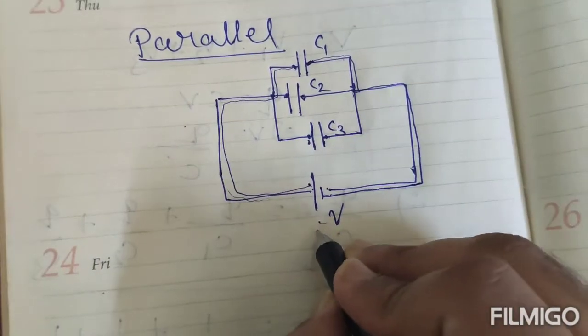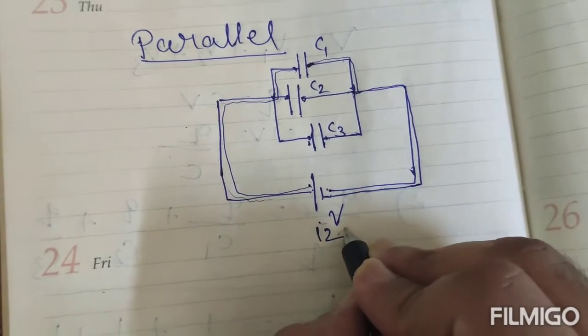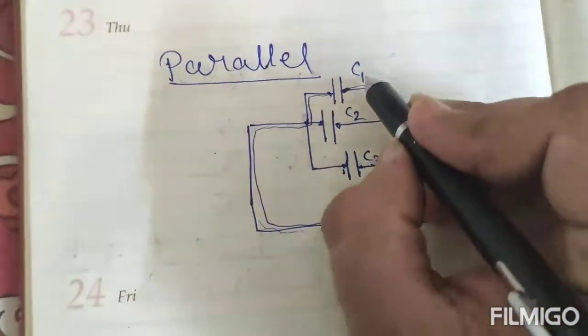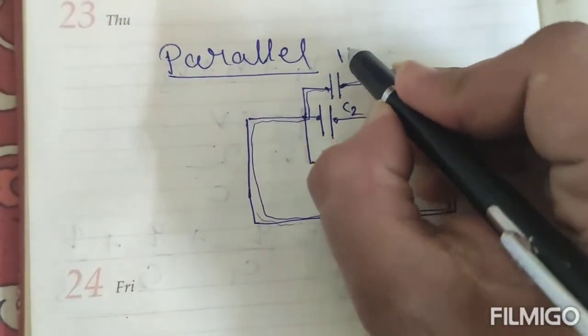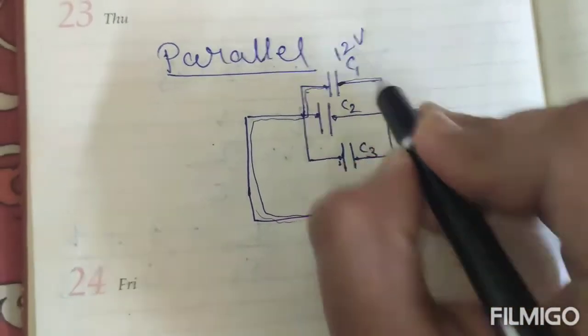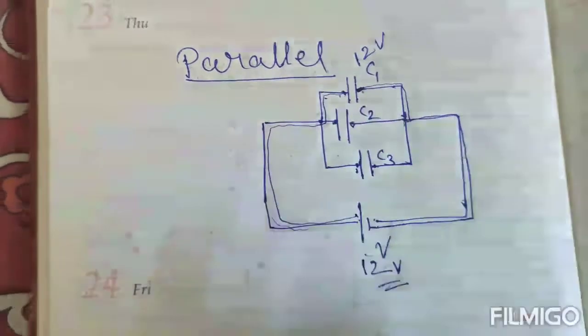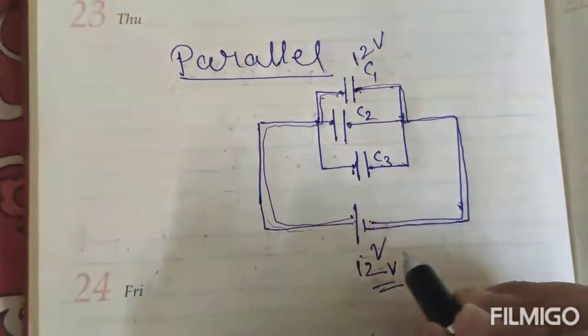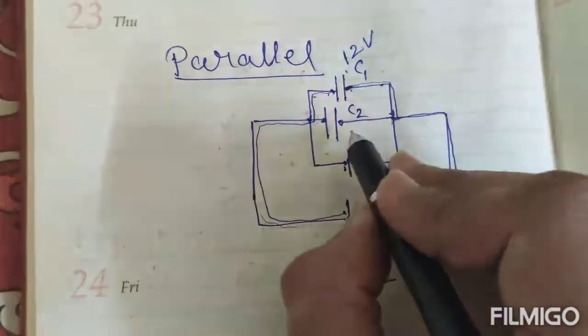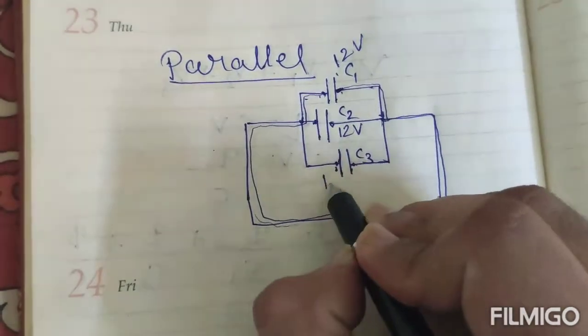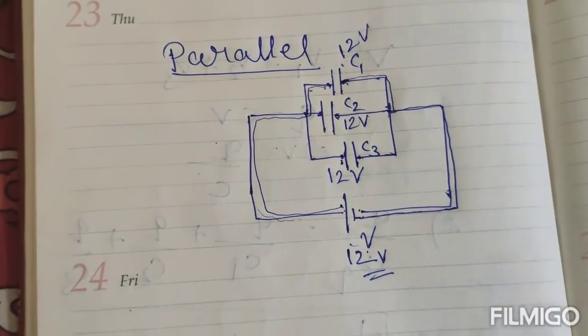So whatever the voltage supply is will be the same at every terminal. Here 12 volt, here also 12 volt, here also 12 volt, and here also 12 volt. Why?